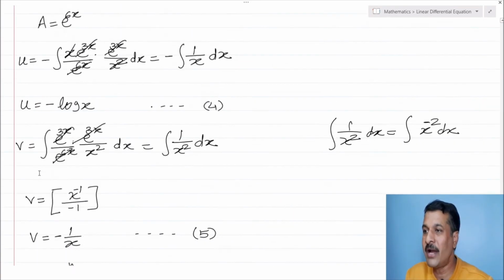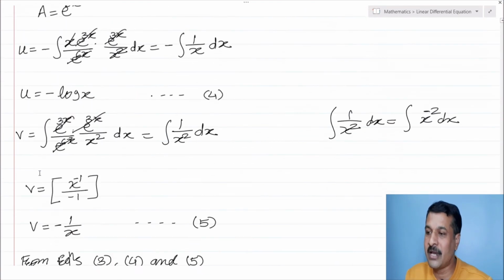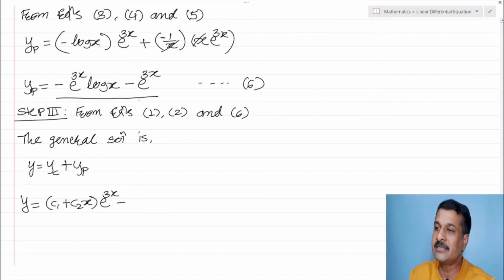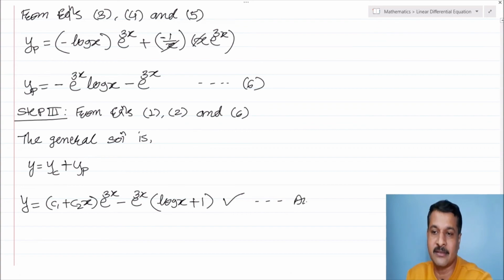You have yc equal to c1 plus c2 x into e raised to 3x. So I am getting c1 plus c2 x into e raised to 3x, and now yp is minus, you can take common, minus e raised to 3x. So I am getting minus e raised to 3x common, inside log of x plus 1, which is your final answer or required solution.